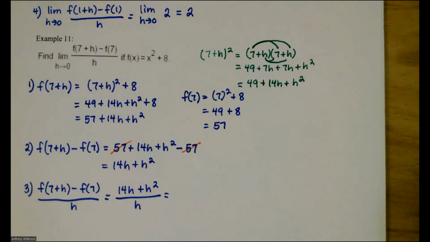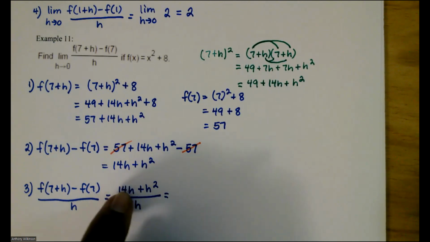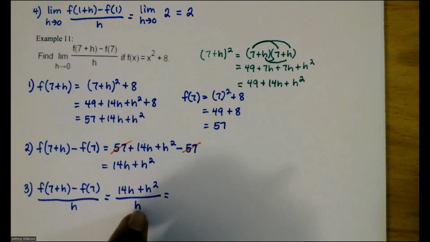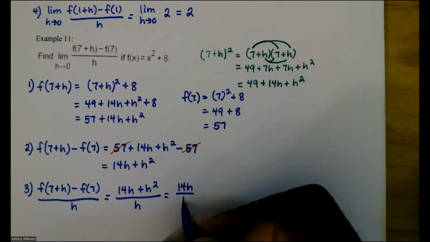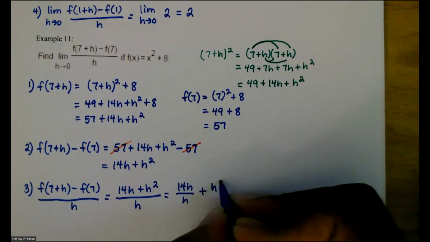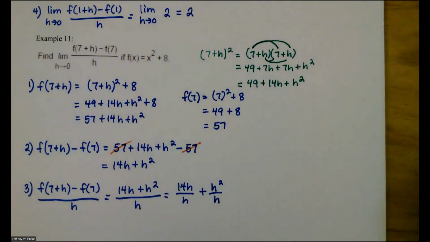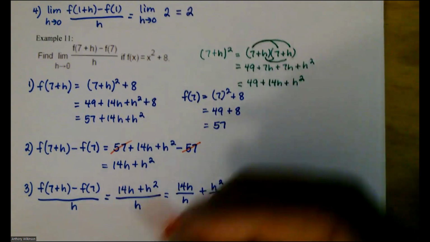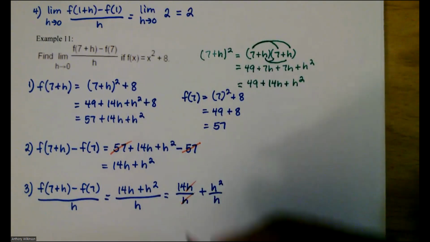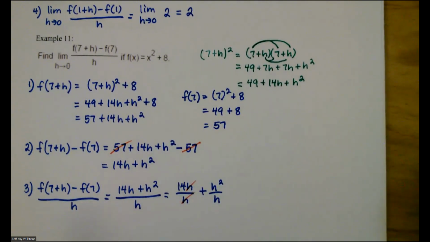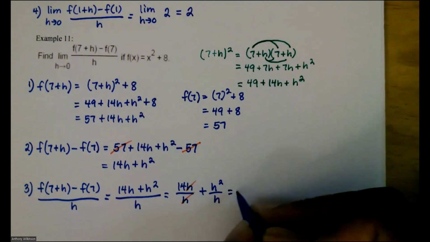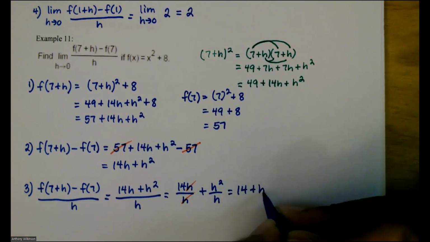I could factor out the h in the numerator, but since I only got one term in the denominator, I can take each of these terms in the numerator and divide that by that one single term. So I can write this as 14h divided by h plus h squared divided by h. The h's divide out here, and h squared divided by h will just be h.